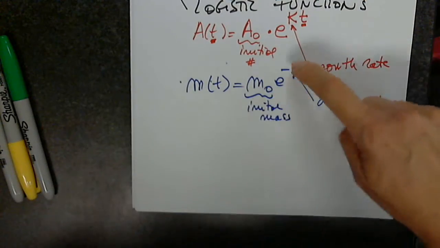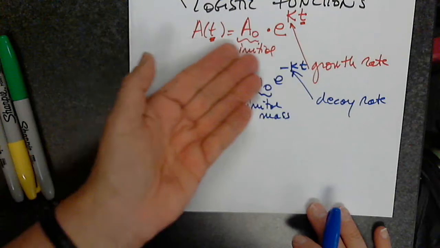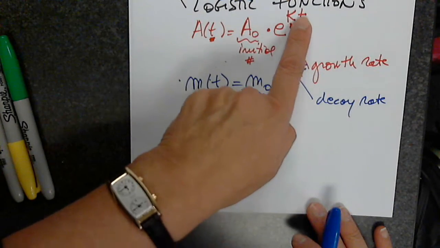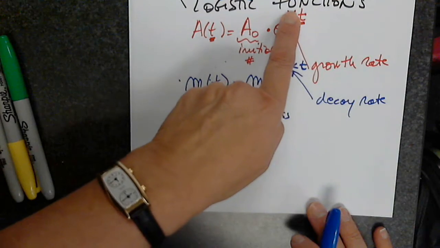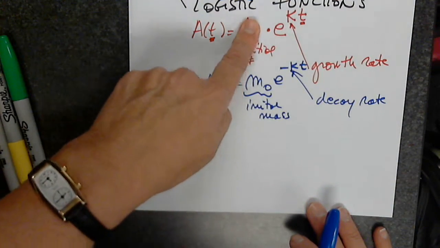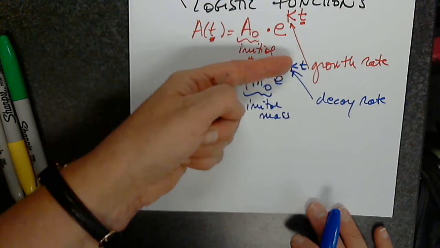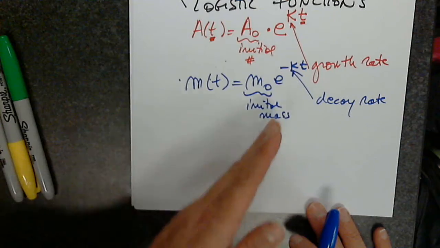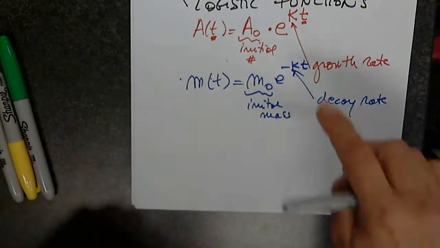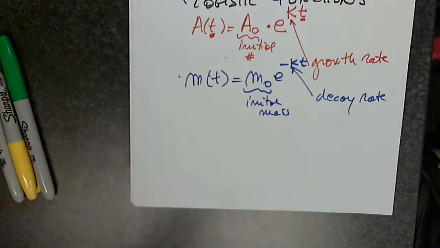This is a number, this is a number, this is a number. So this is an exponential function because the exponent has the variable, time. This is an exponential decay because the negative power will have 1 over e. The base will be 1 over e here and base e here. That's why this is increasing on all its domain and this one is decreasing on all its domain.